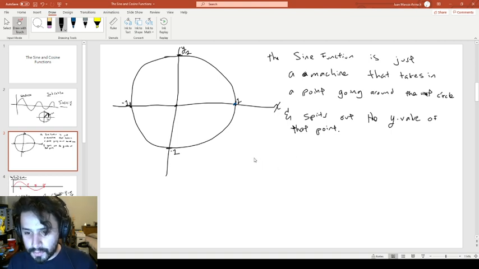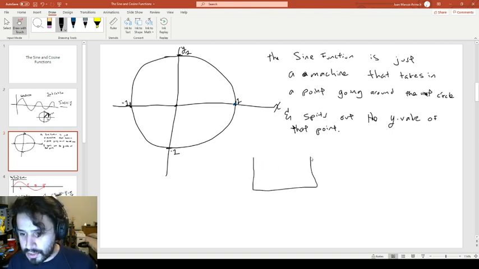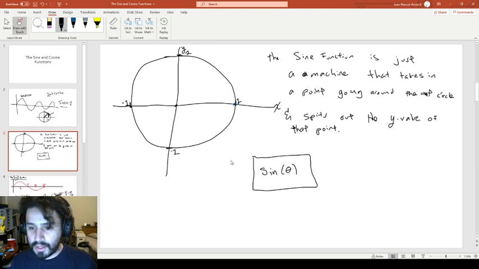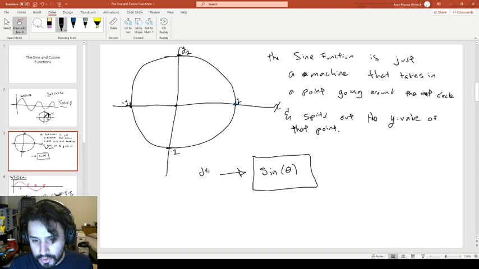So we have a machine here. I'm just going to do a box here. It's going to be sine of theta. It's going to take in unit circle, point going around.